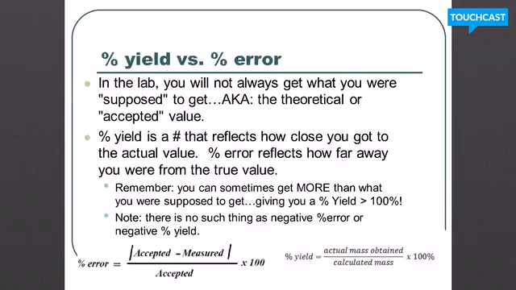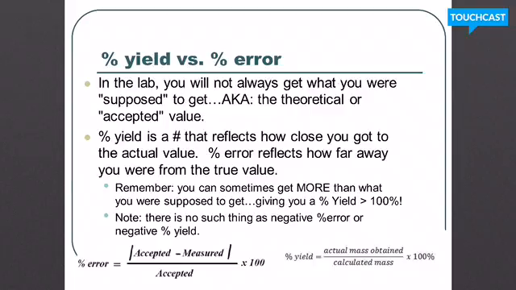So even though we know how much we were supposed to make, in the lab you're not always going to get that theoretical yield. Sometimes we call the theoretical yield the accepted value, the value that we were supposed to get. So let's pretend that you actually do this lab in a real lab setting. And basically, we want to figure out how well we performed in the lab.